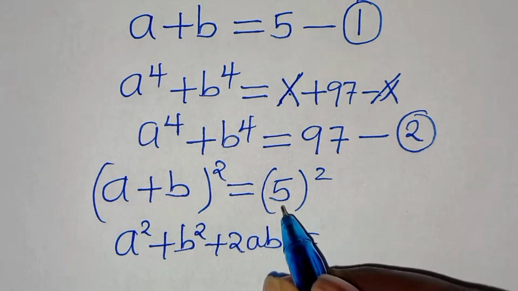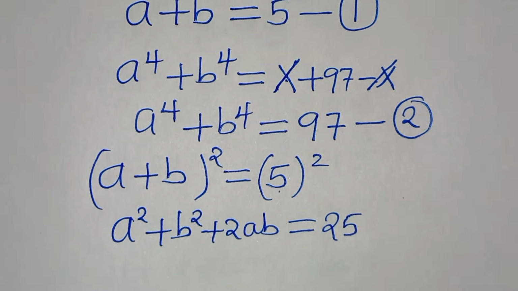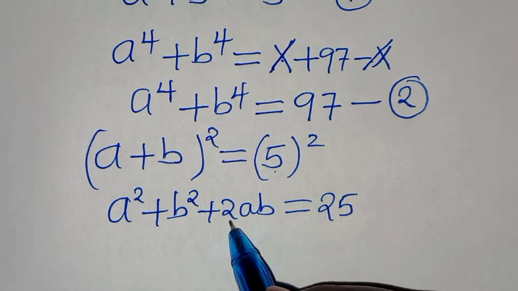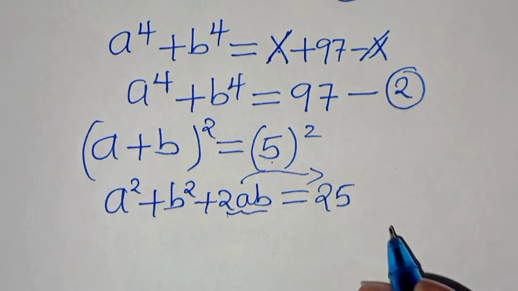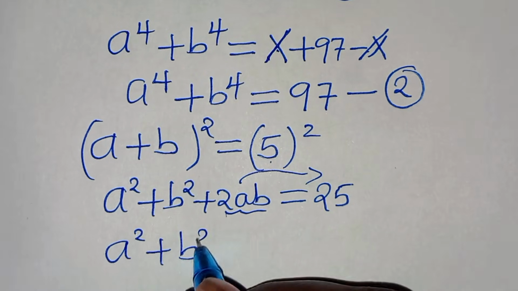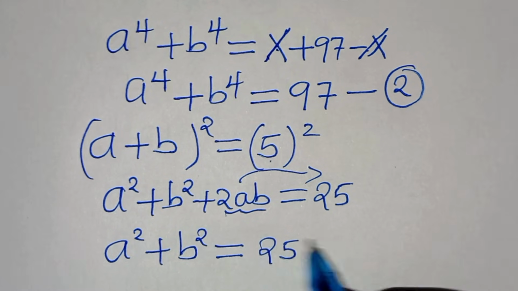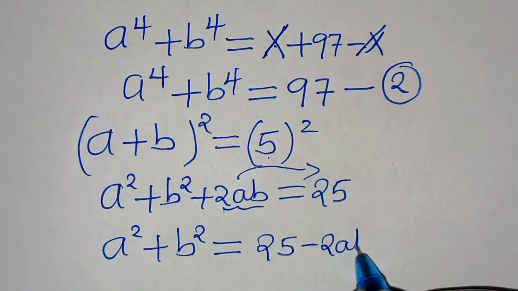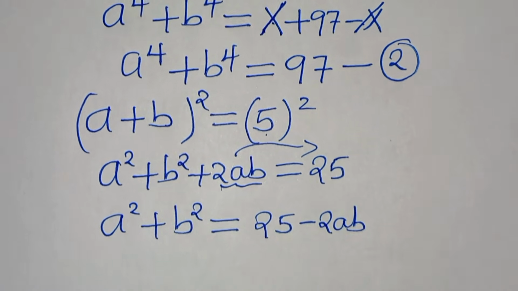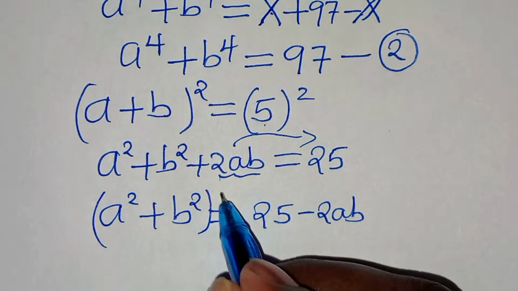This is equal to 5 squared, which is 25. Now, let's take 2ab on the right hand side, so that we have a squared plus b squared equal to 25 subtract 2ab.